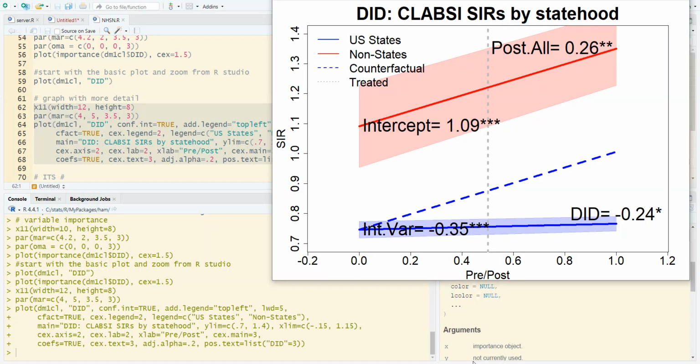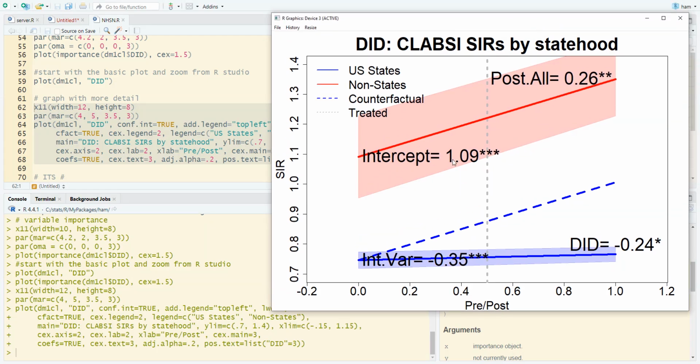Okay, so now we have this new graph created, and we can see what all of these different regression values represent. Intercept is where our control group begins.